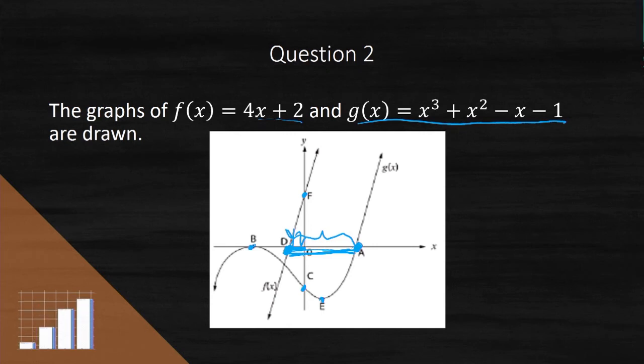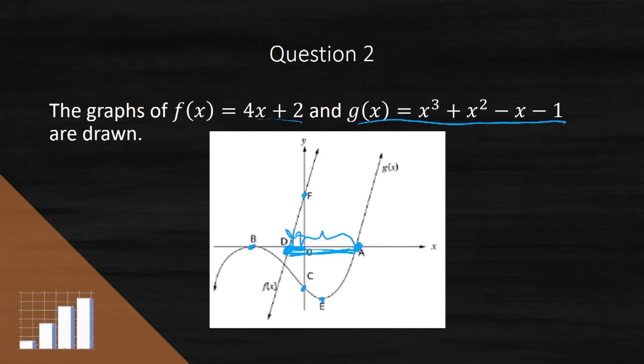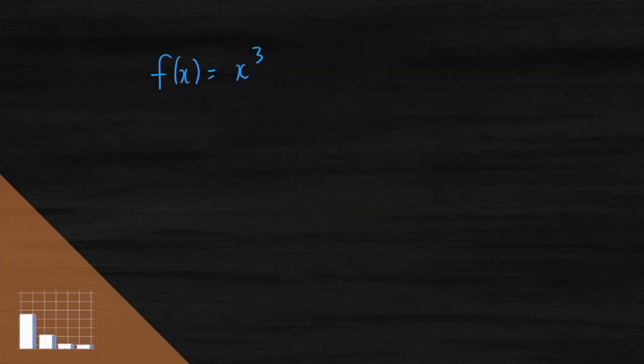Now I need to find the length from 0 to A, the origin 0 to A. So we saw that the cubic function is given by g of x is equal to x cubed plus x squared minus x minus 1.